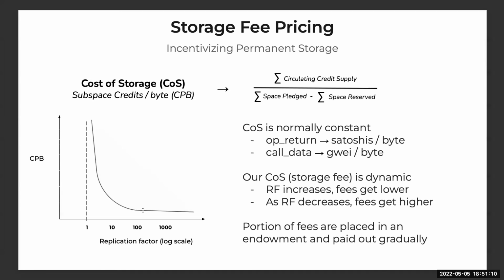In our chain, it changes every block, based on this formula, which says if we take all of the coins that are in circulation and divide that by the space available on the network, and the space available is really just all of the space pledged, which we can get from the solution range. We can know with high accuracy how much storage is on the network without having to go out and count drives. And then if we take away from that the space reserved, the size of the blockchain, we have this delta left over.